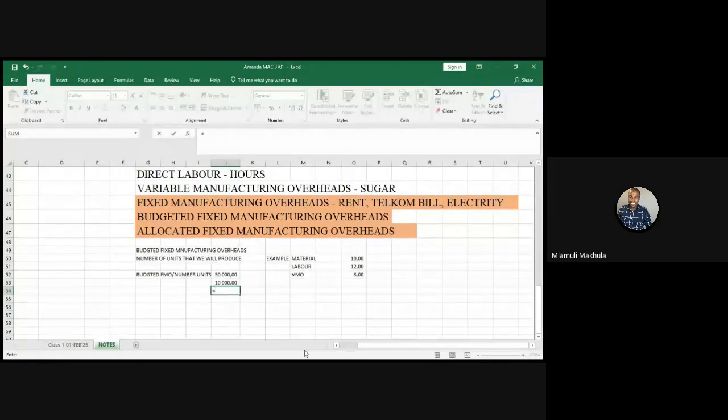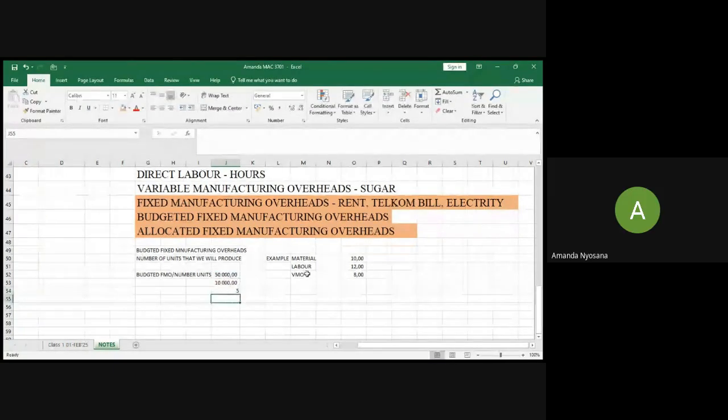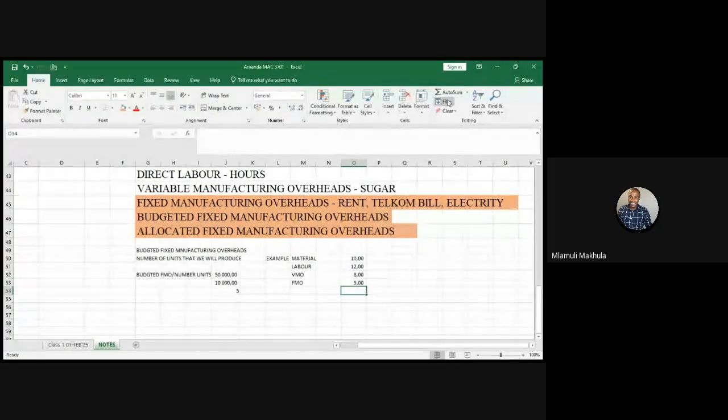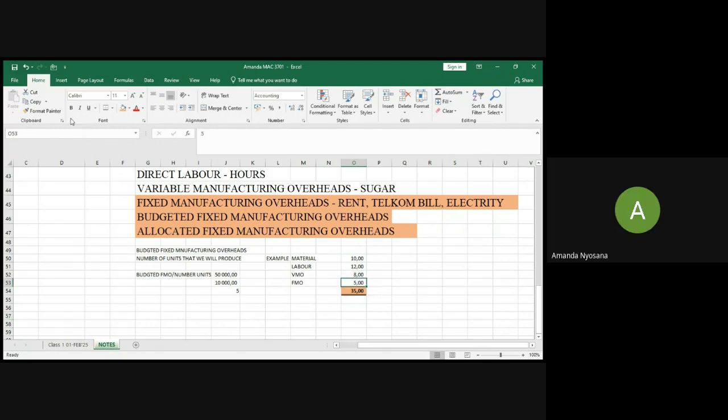So to get the rate, I say 50,000 divided by 10,000, and for my fixed manufacturing overheads I get 5 rand. My product cost is going to be 35. So when we say allocated fixed manufacturing overheads, we are talking about this 5 rand, because it was allocated to the product.